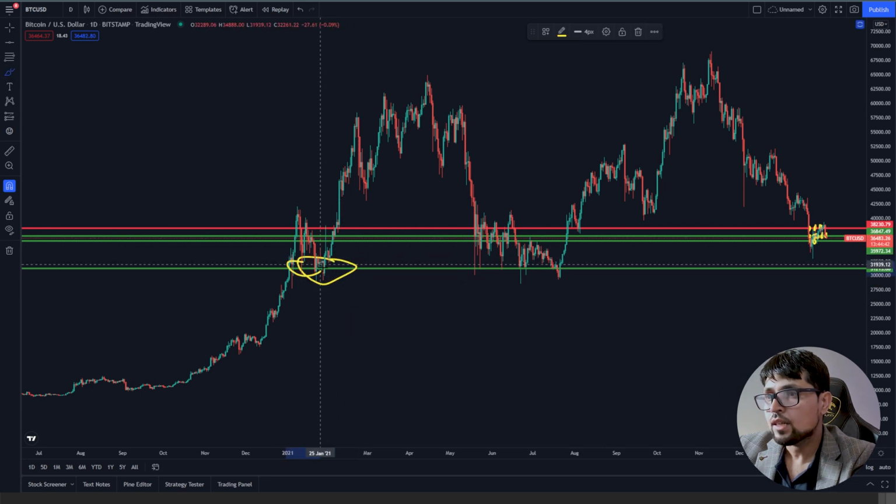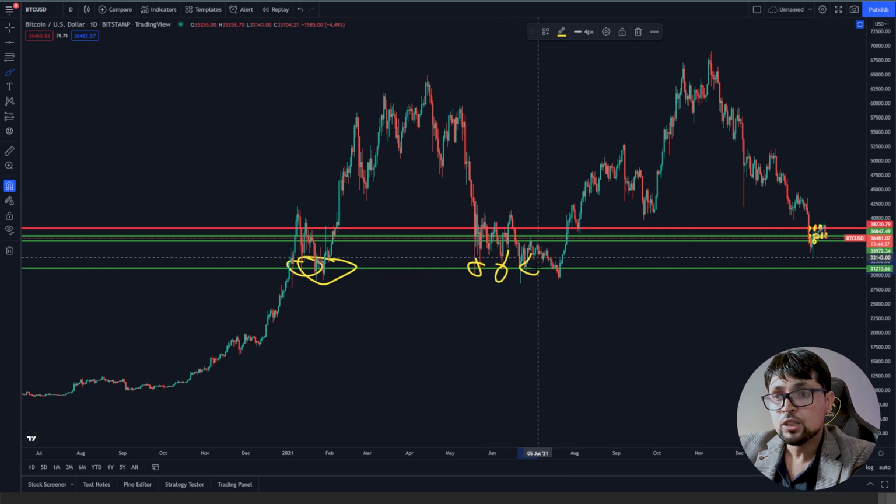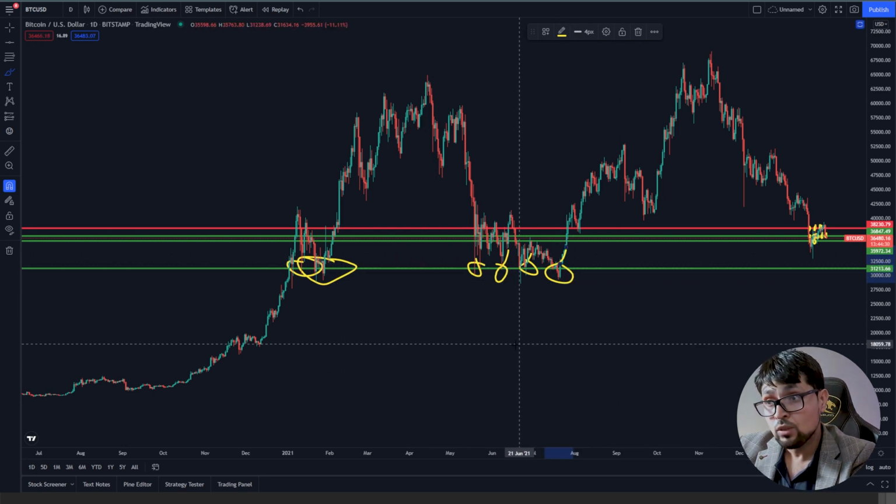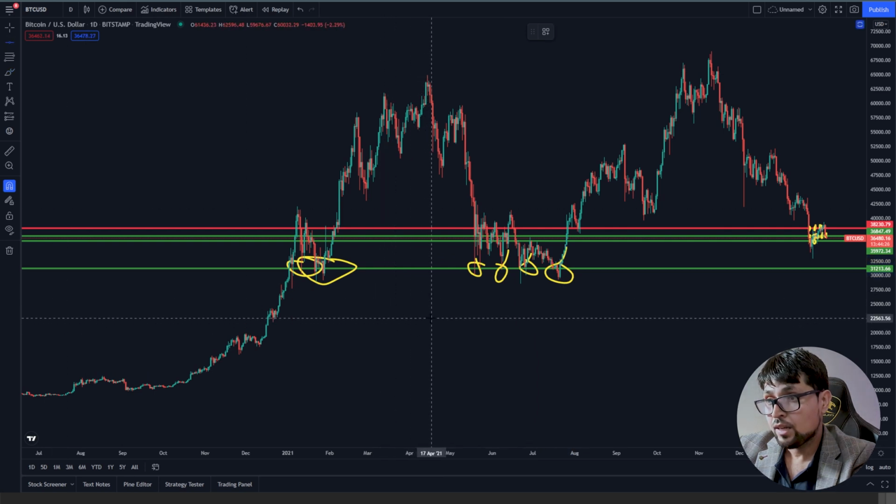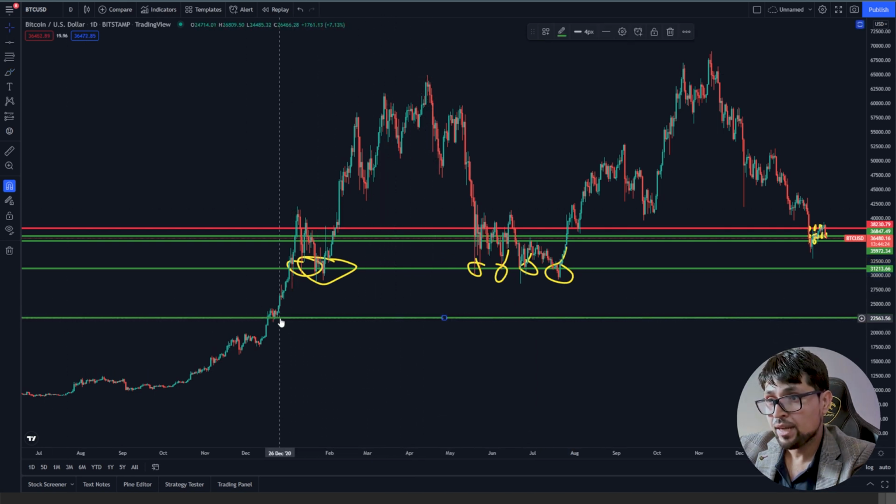The more the touches, the stronger the support or the resistance. If it falls down from around 31,000, you will have a steep fall. The next support is over here, but that is a very weak support because very few touches are here. And the next one will be over here, and this was once a resistance which was a breakout, and then it went bullish. That was in early January 2021.